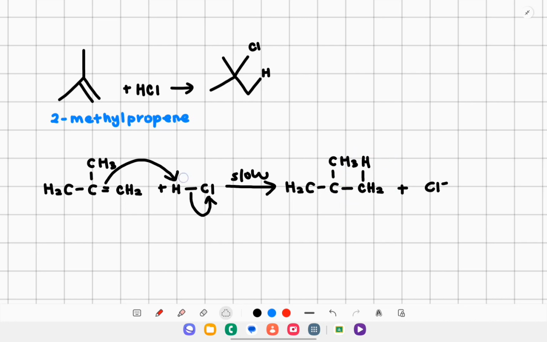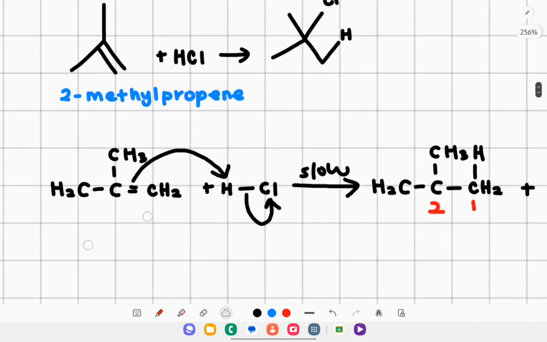After the nucleophile site attacks the electrophile site, there is a new bond formation here. That means the H atom from the HCl bond will bind to a carbon of the carbon-carbon double bond. Let's say this is carbon number 1, this is carbon number 2. According to Markovnikov's rule, the hydrogen atom will bind to the carbon that has more hydrogen atoms attached to it.